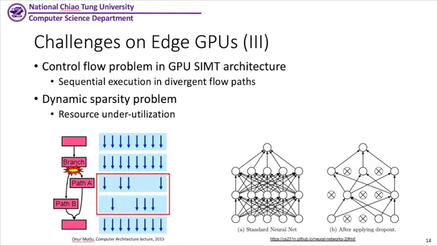Machine learning and sparse matrix computation present massive data parallelism, but the dynamic sparsity increases the redundancy on GPUs. These two problems also appear in common computer graphics workloads, such as ray tracing on GPUs. So this is another challenge on a GPU.